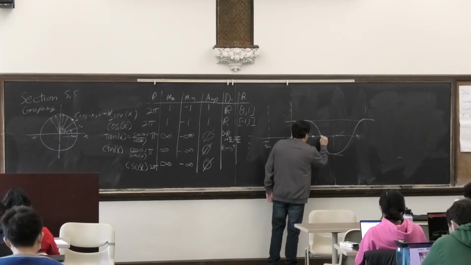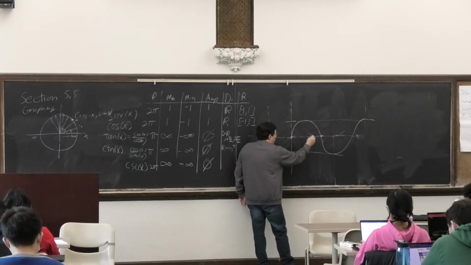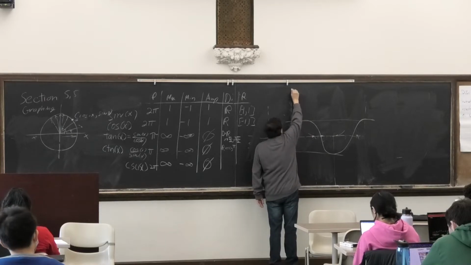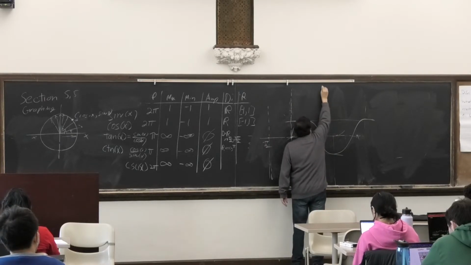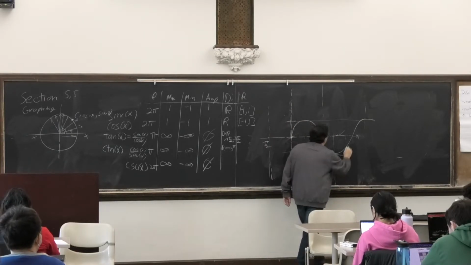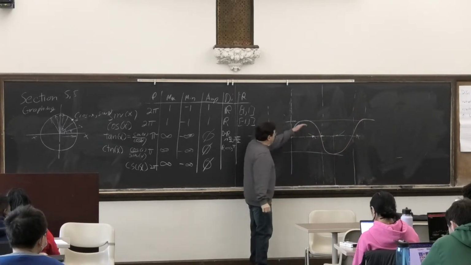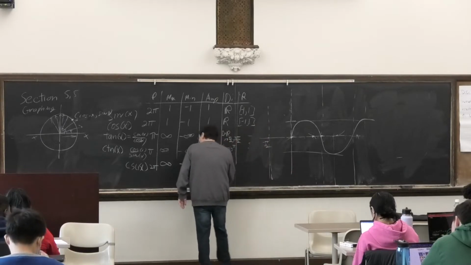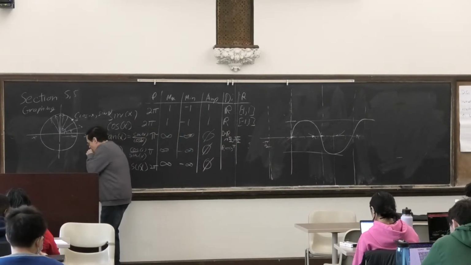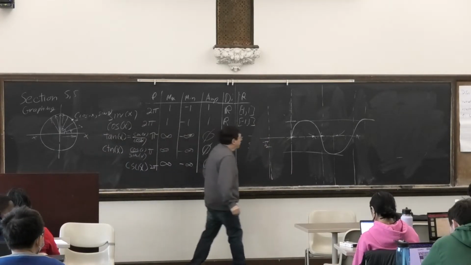Well, the sine function has zeros at 0 and pi and 2 pi. So again, these are going to be asymptotes. And the function we want to draw is just the reciprocal.